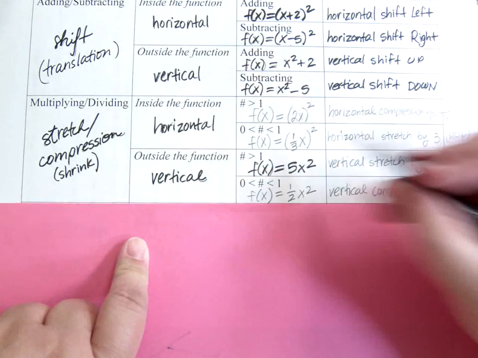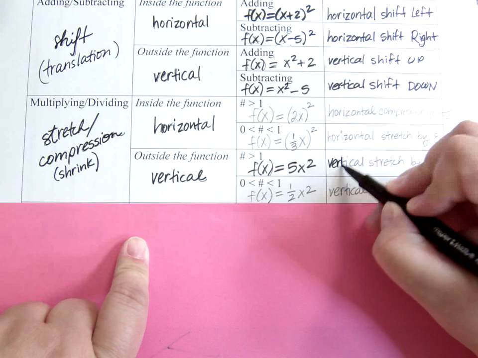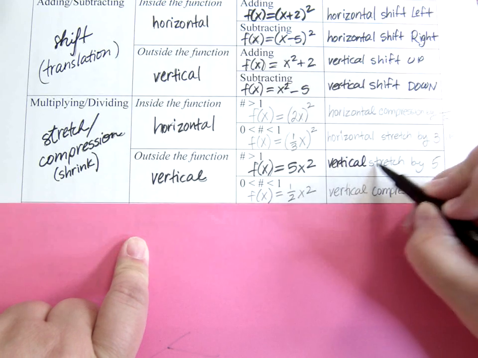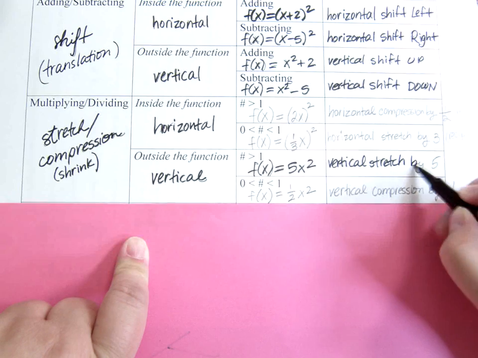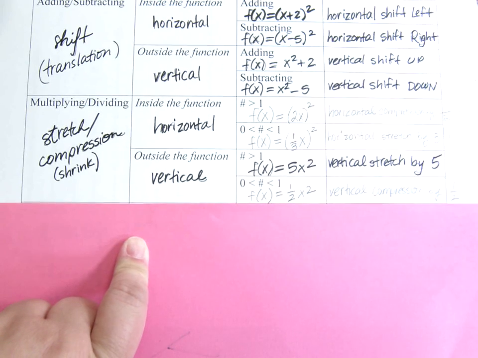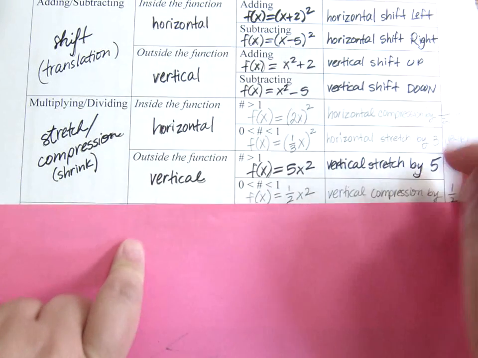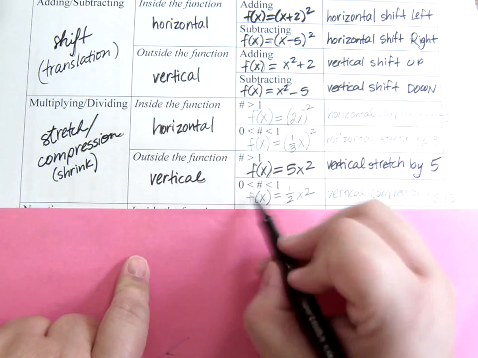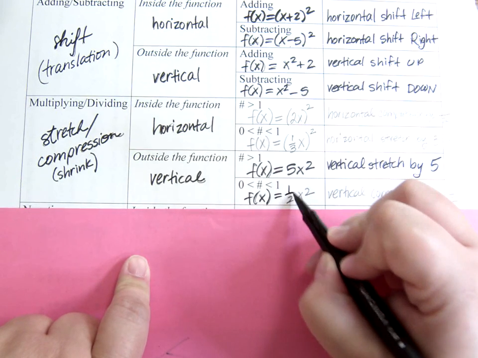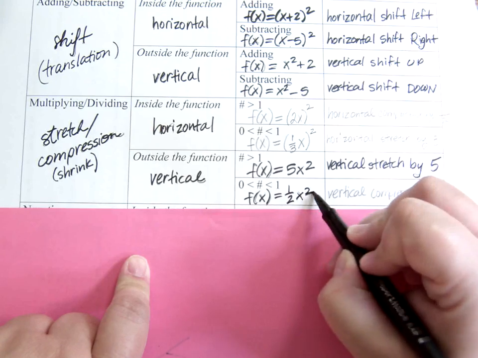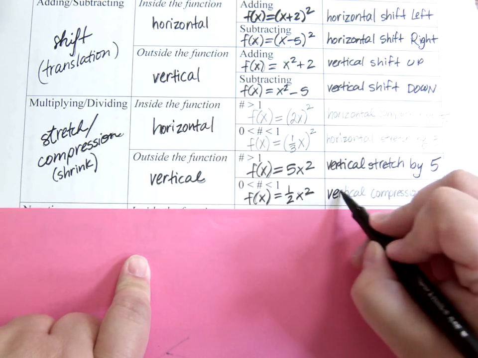That's a vertical stretch by 5. And you would think that 5 would be a stretch because you would think 5 would make it bigger. It's a number bigger than 1. If you multiply by something bigger than 1, it usually makes things bigger. Here again, this is a number between 0 and 1. Multiplying by a number between 0 and 1 outside of the function is a vertical compression.